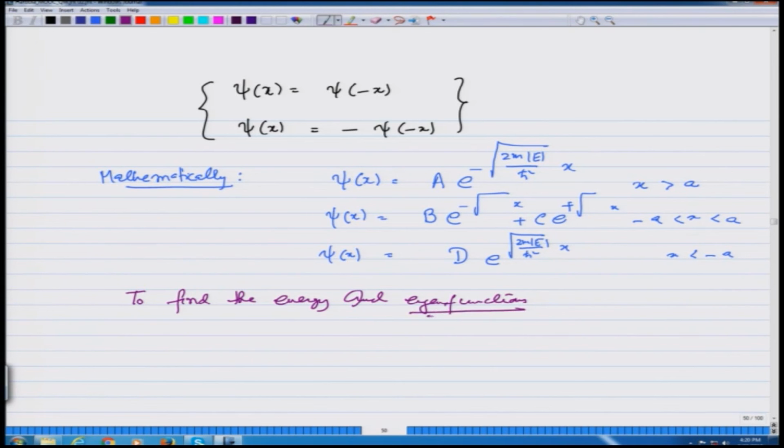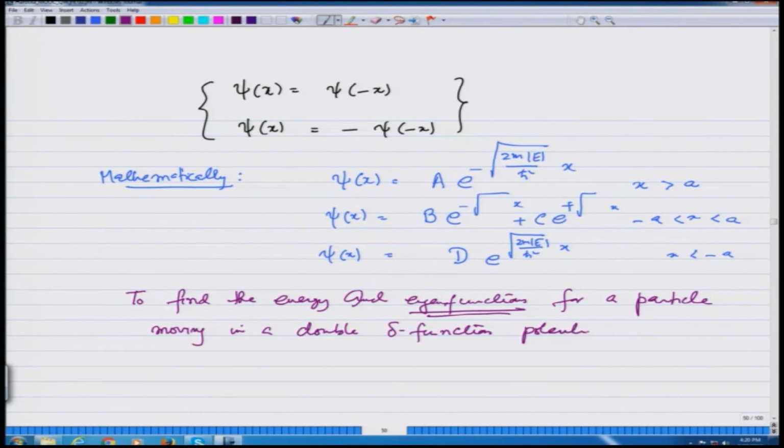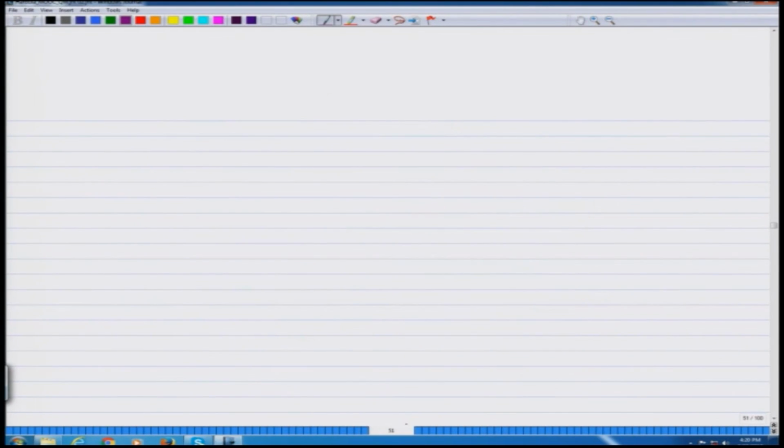Actually, eigenfunctions I have already written for a particle moving in a double delta function potential. Significance of this problem is that a single delta function is like an atom and a double delta function is like a molecule.